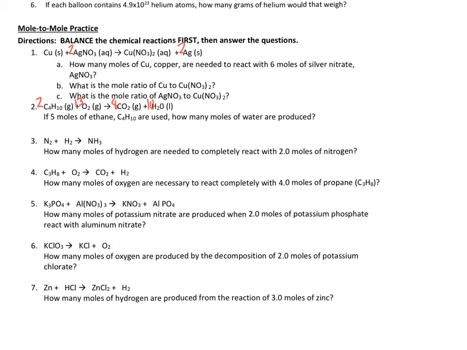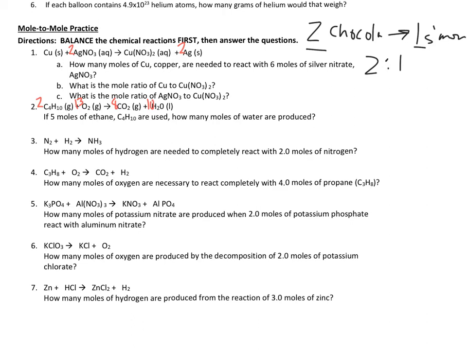So we're going to use the coefficients, just like we did in the s'mores lab, as ratios between the two. In the s'mores lab, when we had 2 chocolates that made 1 s'more, that was a 2-to-1 ratio: 2 chocolates per 1 s'more.